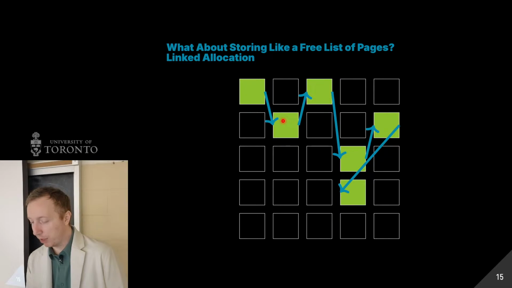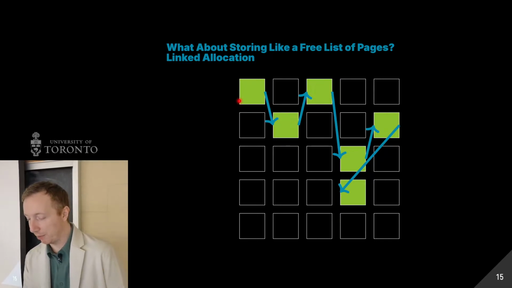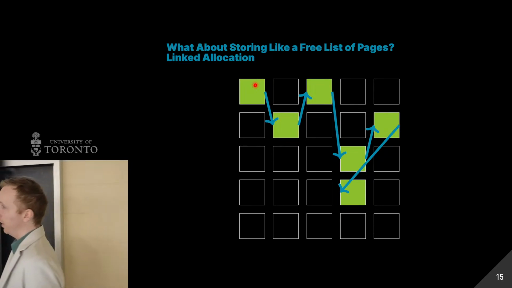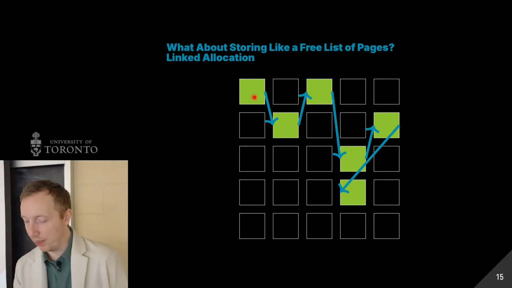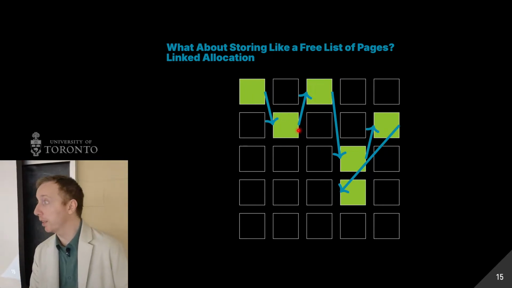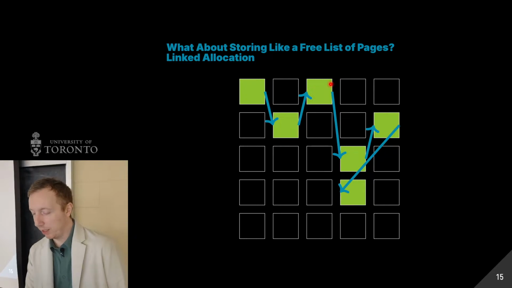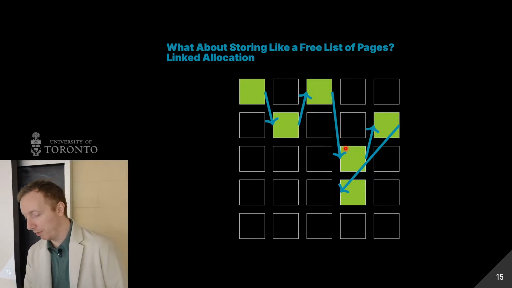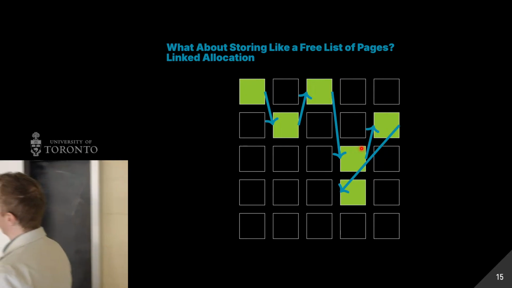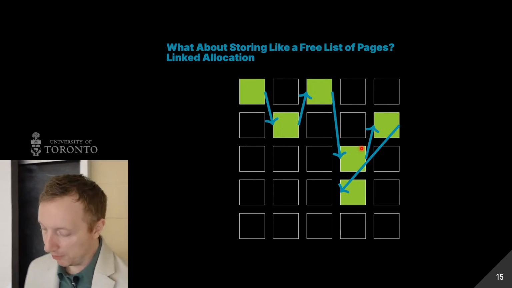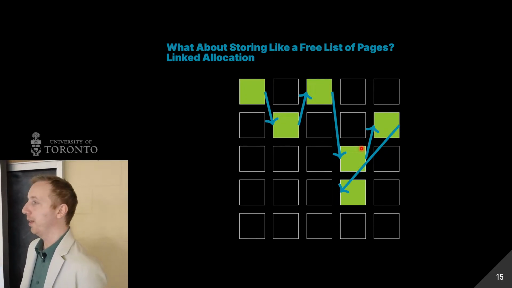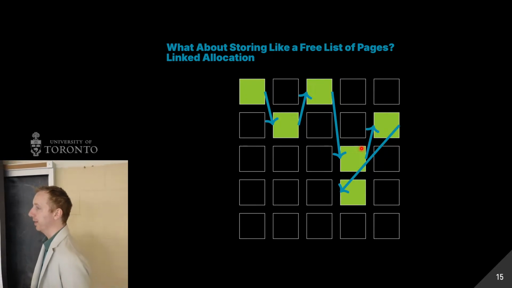So to get to block 3 of this file, I have to read block 0, read this entire thing in from the SSD to get 4 bytes out of it, and then I find the next pointer, go ahead, read this entire block to get 4 bytes out of it, then read the next block to get 4 bytes out of it, then follow it, read the next 4 bytes, and there I finally have block 3 in this case. So anyone think of a much more cache-friendly way to do the exact same thing?